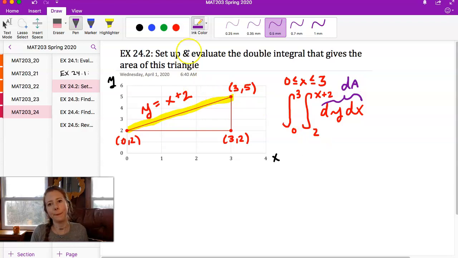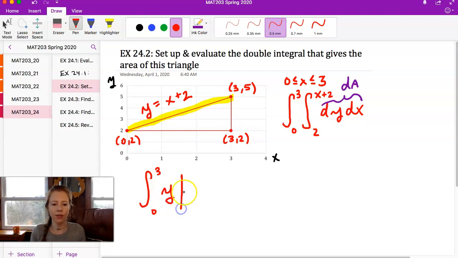All right. So now let's just evaluate. So we start from the inside. And so the area is going to be, so we still have 0 to 3. And then we want to integrate 2 to x plus 2 dy. Well, the integral of dy is just y. We need to evaluate this from 2 to x plus 2.